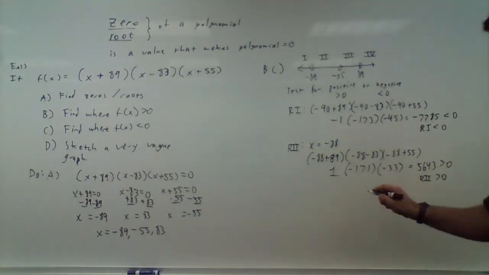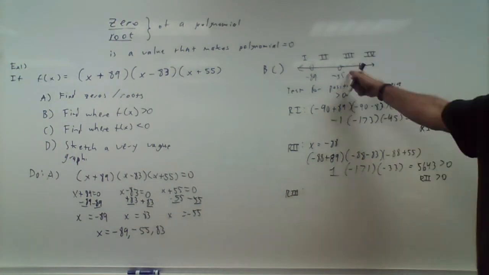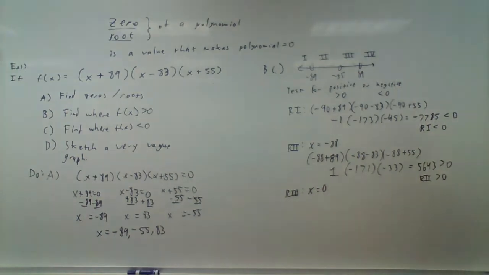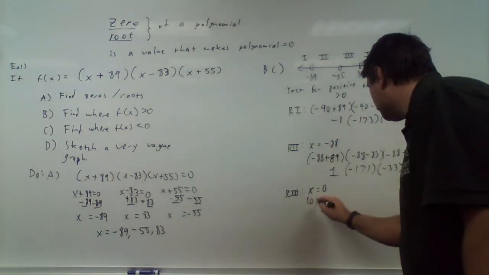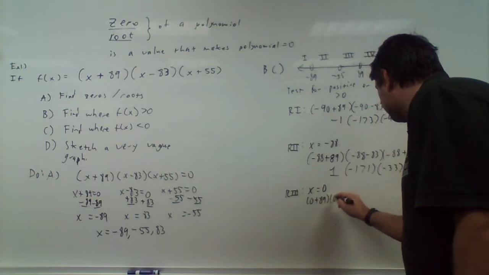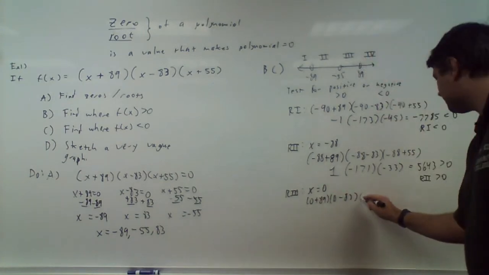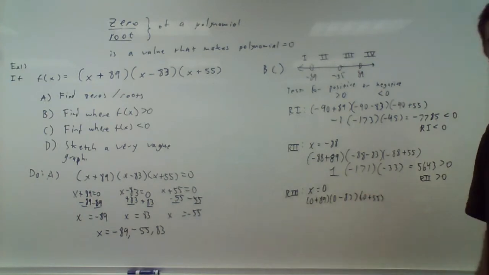Okay, region 3. 0 is in that region, so we'll use x equals 0. Okay, I want to know if 0 plus 89, 0 minus 83, and 0 plus 55 is positive or negative.